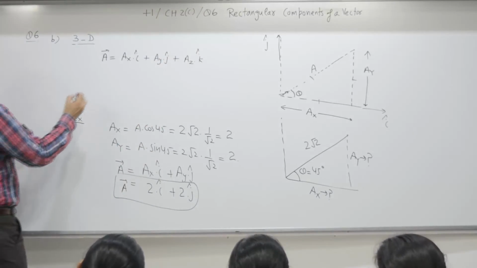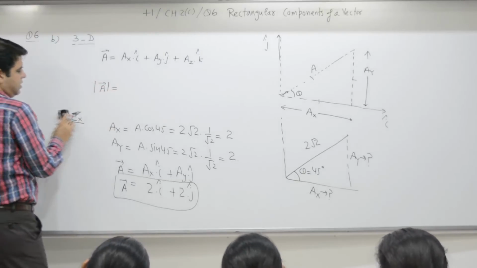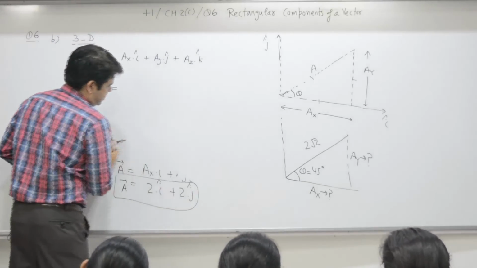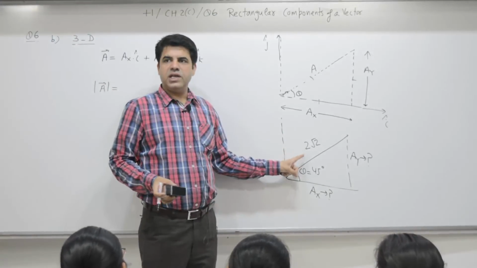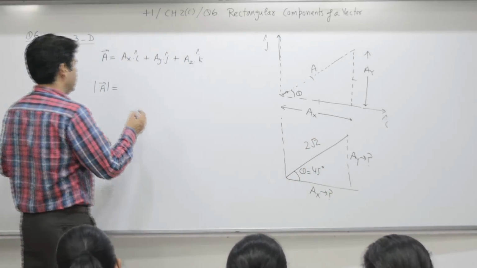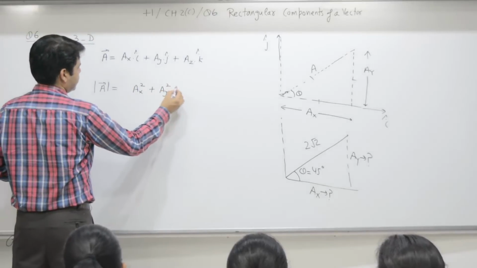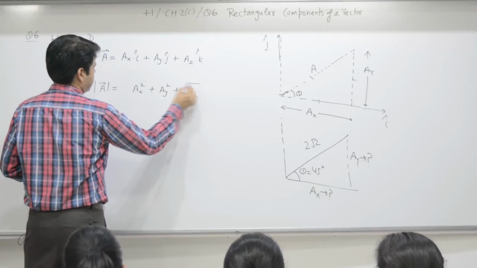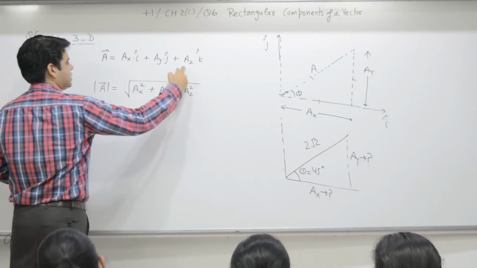If it is so, magnitude of A is equal to what? Previous question, this magnitude A was equal to Ax square plus Ay square under root. Here magnitude of A is Ax square plus Ay square plus Az square. That is i component square plus j component square plus k component square.